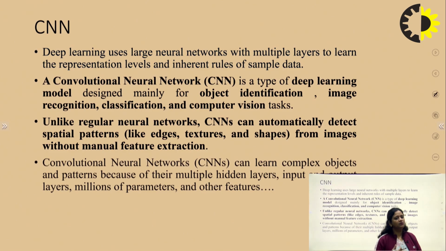CNN can learn complex patterns and objects because of their multiple hidden layers. CNN is basically used to detect hidden patterns in an image or any other object with the use of its multiple layers for feature extraction, consisting of input layer, output layer and multiple hidden layers and millions of parameters, along with other features.